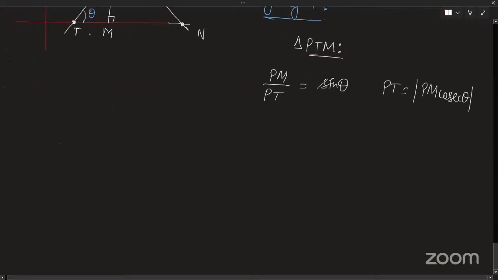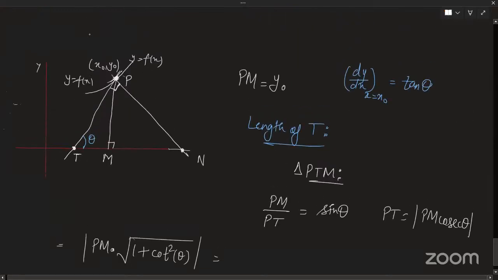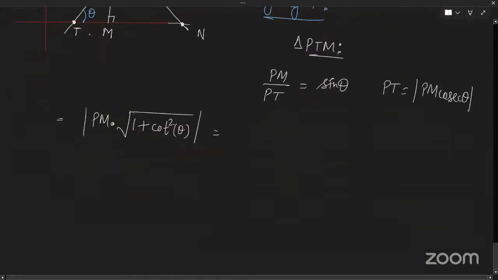Mod of PM cosec theta. Cosec theta can be written as PM into square root of 1 plus cot square theta. How can I write cot square theta? If tan theta is dy by dx, cot square theta is dx by dy whole square.